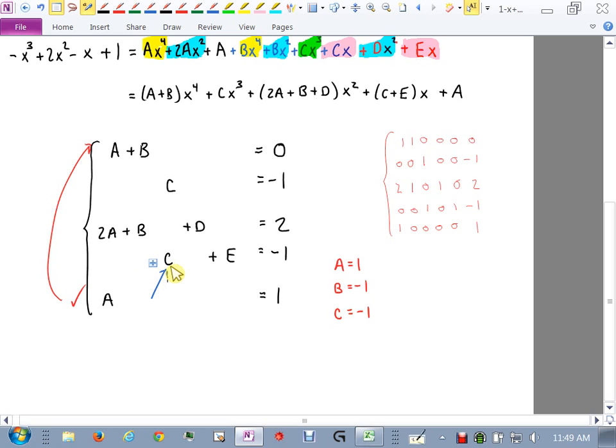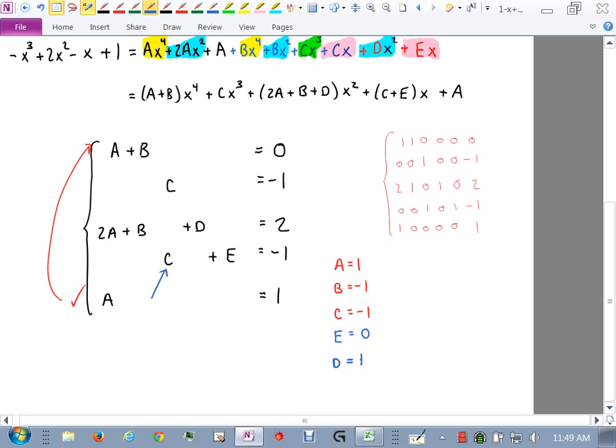If I know c is -1, then I know that e is 0, right? And then this one right here, 2 times a, but a is 1, so 2, take away 1, which is 1. Move it to the other side, so d is 1. Do y'all feel comfortable that y'all could get those all?